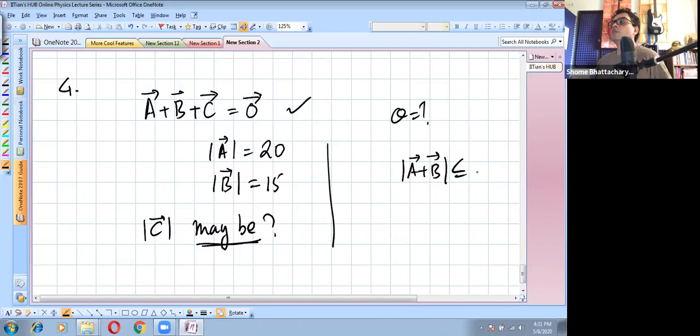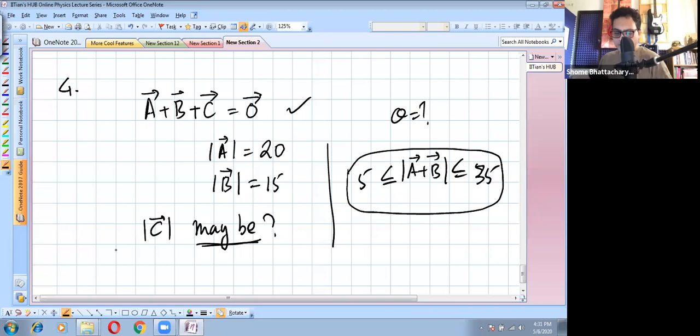This sum. 20 and 15 sum is 35. So whatever the angle is, it cannot be greater than 35. And similarly, whatever happens, it cannot be less than the difference, which is 5. So the magnitude of A plus B cannot be something less than 5 or something greater than 35. So now you see the options and you will understand. So for example, option A is saying it may be. Now why I'm saying C is this?